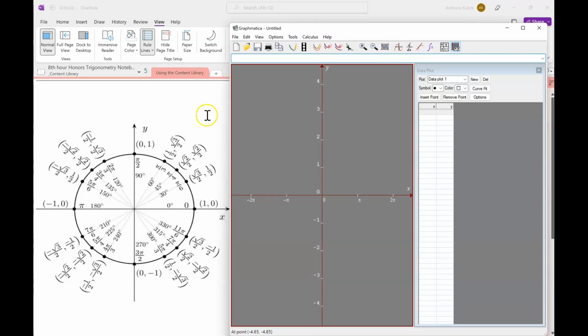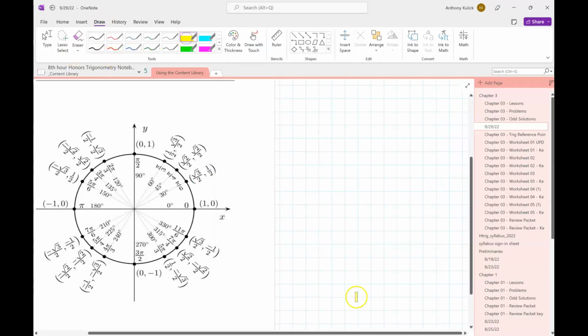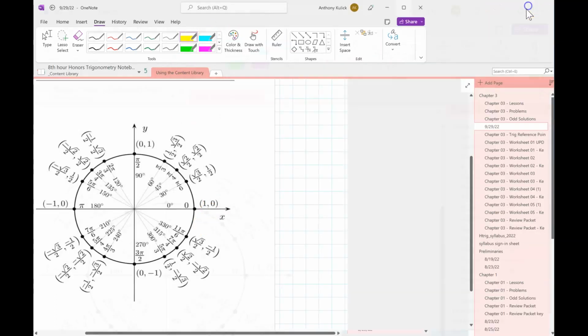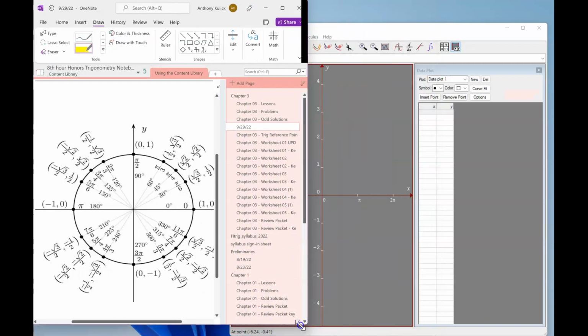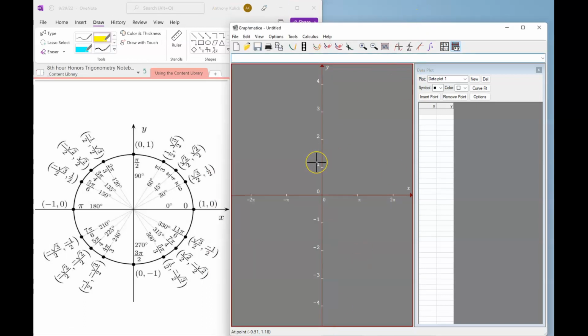So what I'm going to be using to do this is the unit circle to generate points that I'll be plotting.